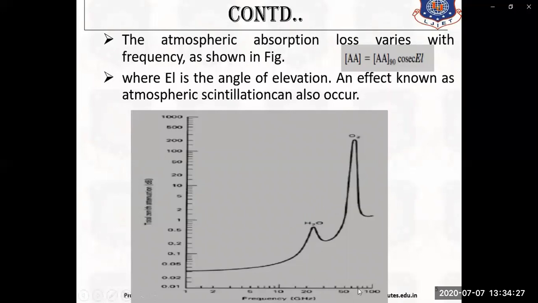And the second one is at 60 gigahertz, which causes the absorption due to the oxygen in the atmosphere. So due to H2O and O2, we get one peak at 22.3 gigahertz and a second peak at 60 gigahertz, right?